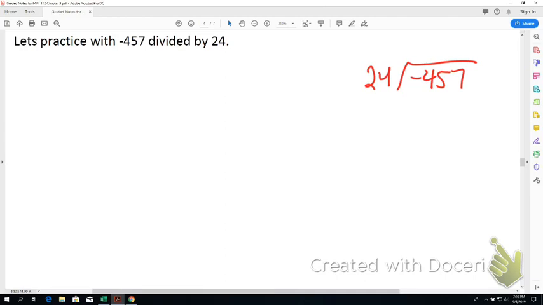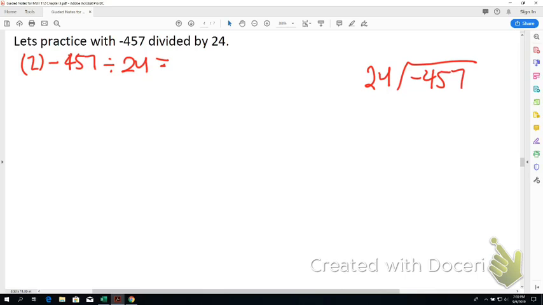So first thing is the second step that's listed on the previous page. We divide it with a calculator. So negative 457 divided by 24 gives us on the calculator, let me see. So make sure when you do negatives, you do the calculator perfectly. So double check that you can do this with your calculator.